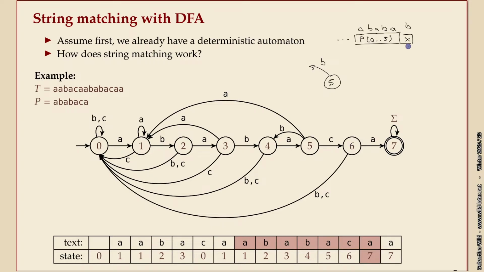Now, the target state I have to go to is the longest prefix of the pattern that I can bring in alignment with these characters from the text that I've seen. And so what intuitively you want to do is shift the pattern to the right one step at a time until it matches. Shifting it one step to the right would mean I'm putting this in alignment. We made it so that not any single character matches, so that doesn't work.